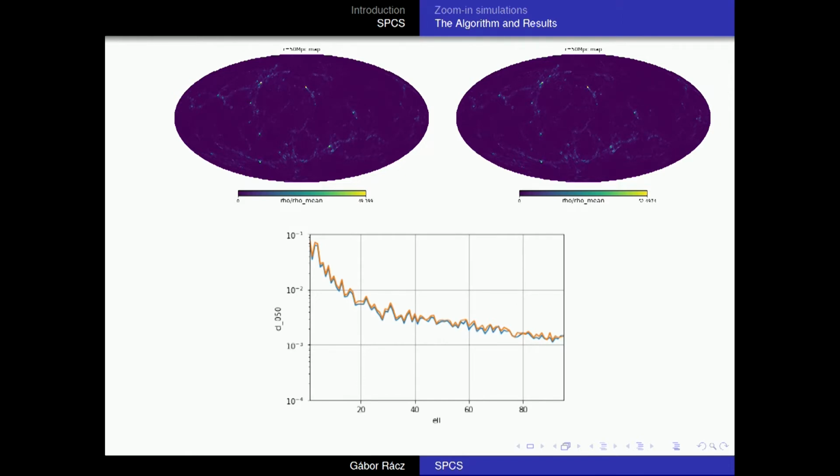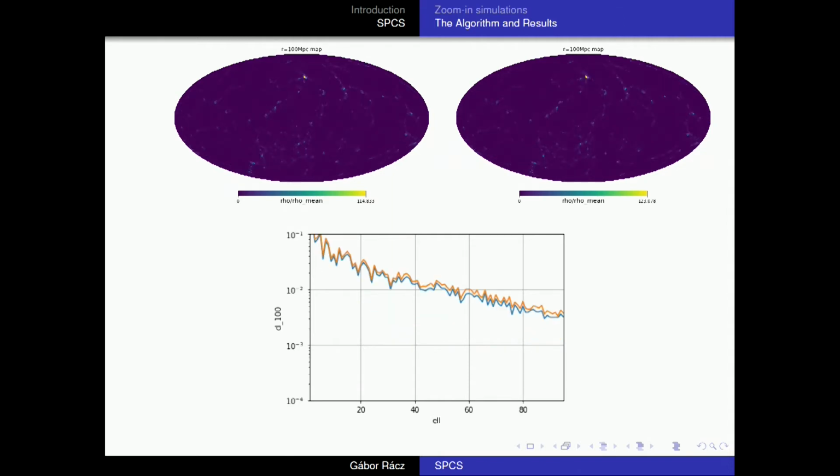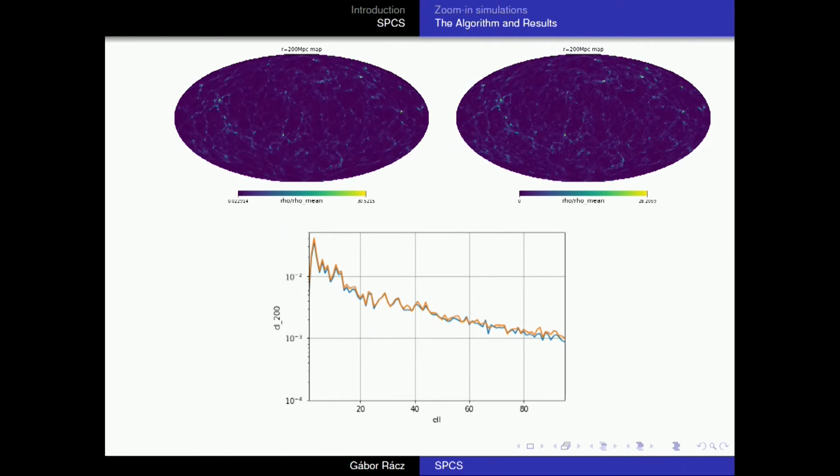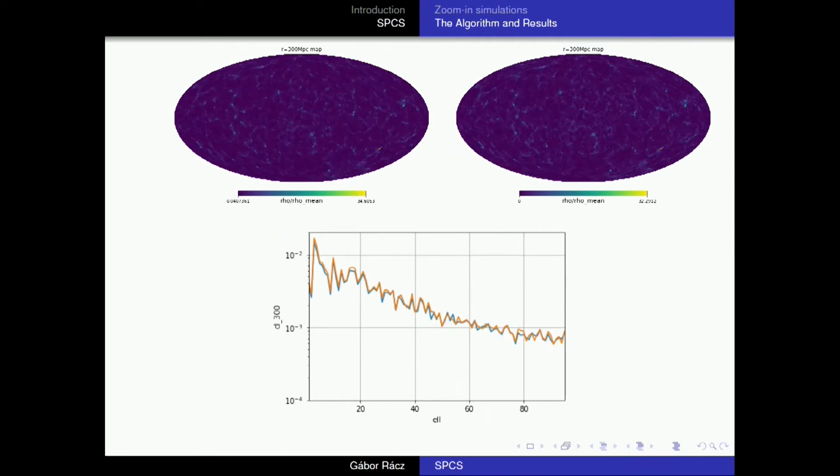And what we see, we got the same spherical power spectrum basically for the two at 50 megaparsecs, and it is true for 100 megaparsecs, 200 megaparsecs, and even for 300 megaparsecs.